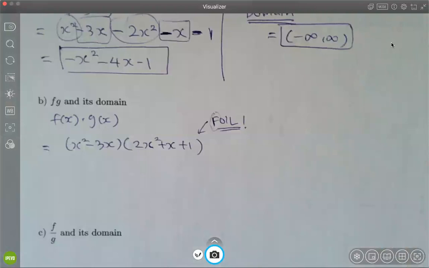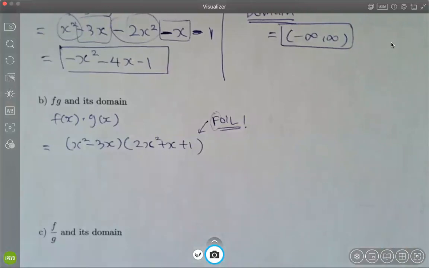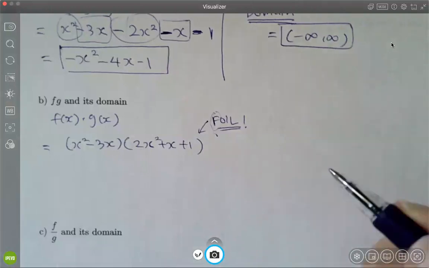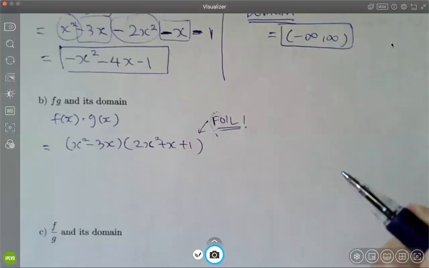So this is not the standard FOIL, but still, it's easy to see what F should be. What should F be? The first terms.